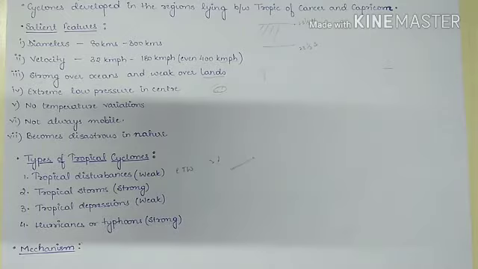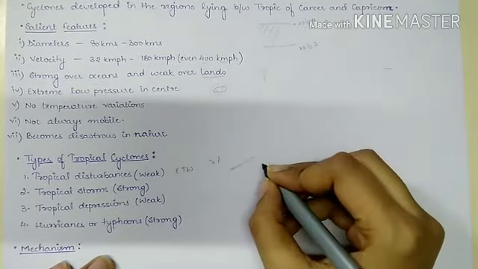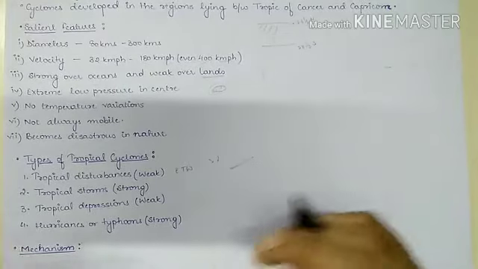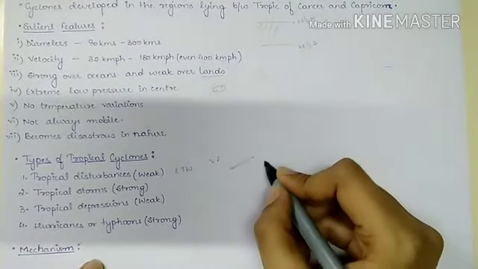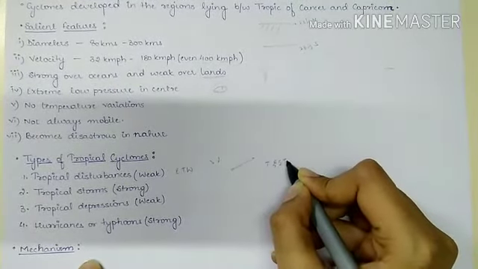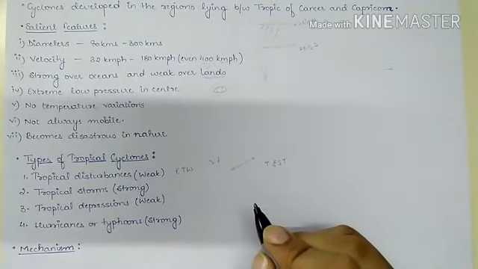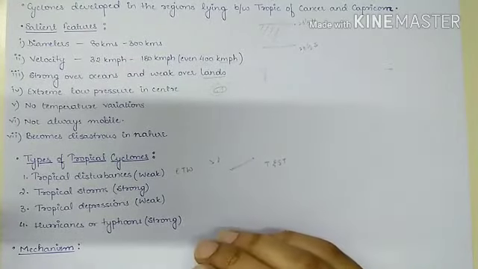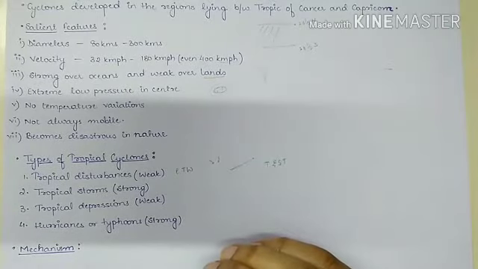Because they are more extensive and widespread, they influence the weather condition of both the tropical region as well as the subtropical region. Their extension is between 5 degrees to 20 degrees north.